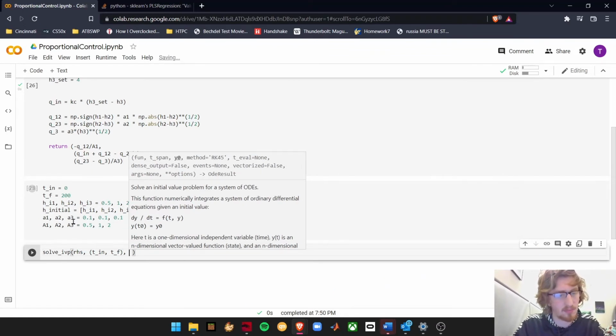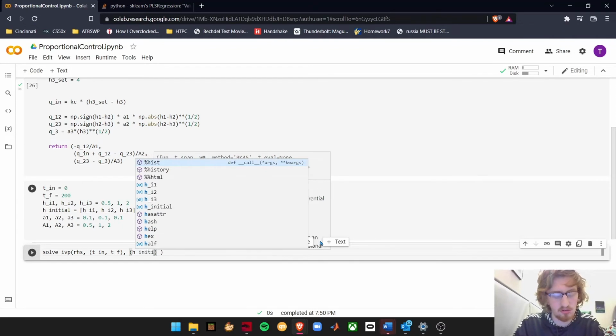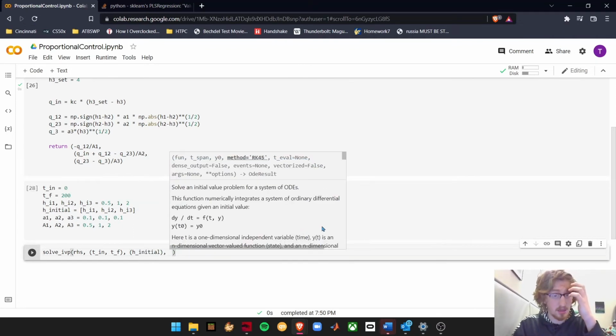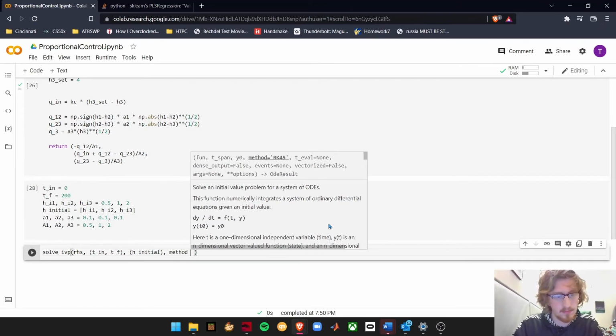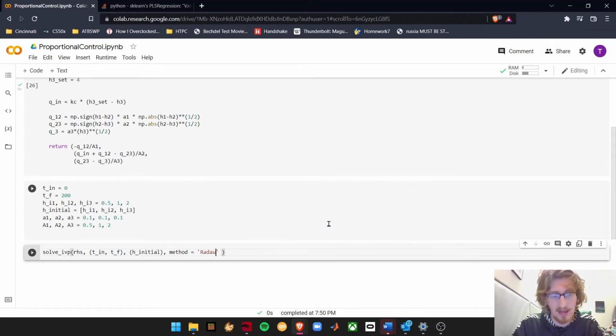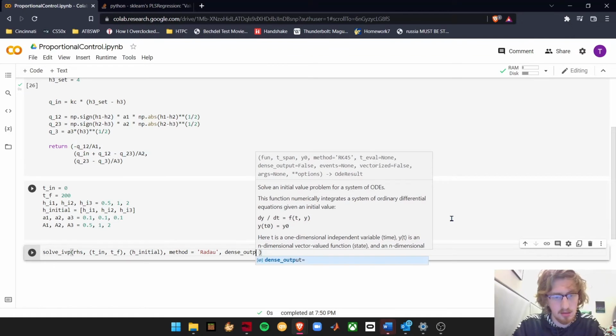And then we have to provide it the initial values. So we'll give it the H initial. And then finally, we need to give it a method. And we're going to be using Radau, not totally sure on the pronunciation there. And then we want our dense output to be true.